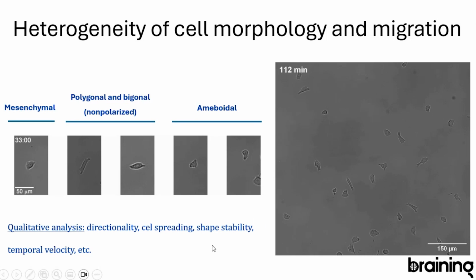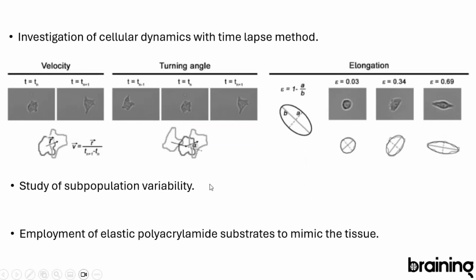We observed a lot of images and classified each cell on each frame. When we studied parameters like velocity, turning angle, or elongation, we could collect a set of data which describes the behavior of the cell in a quantitative way.